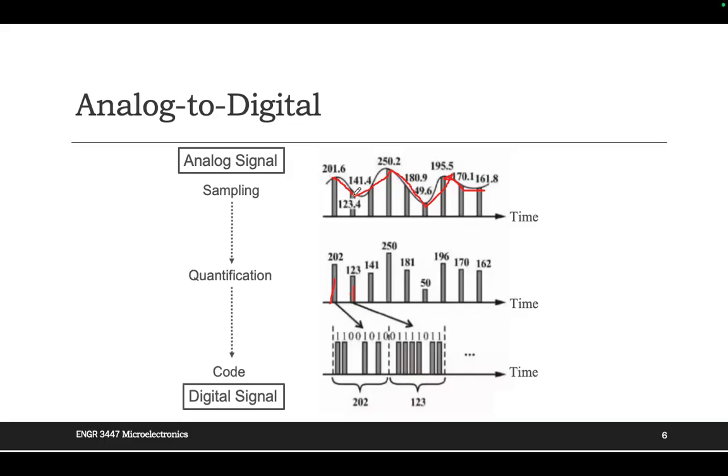If the microcontroller wants to deal with them, we need to convert them to digital. Am I right? And this is how we transfer analog to digital. In theory, firstly sampling, then quantification, and then digitizing, converting it from decimal to binary. That makes sense to you?